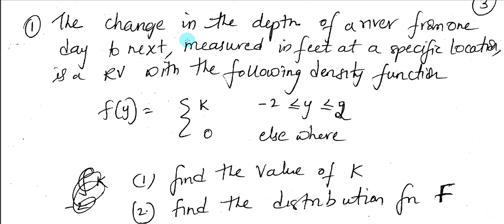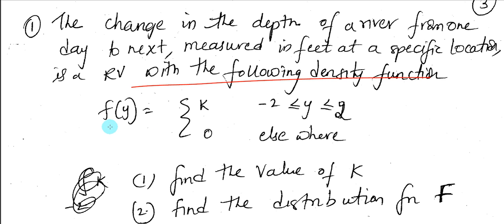Now let's try to solve a problem based on a given density function. Density functions have different uses, and you can see here a practical example. The change in the depth of a river from one day to the next, measured in feet at a specific location, is a random variable with the following density function.